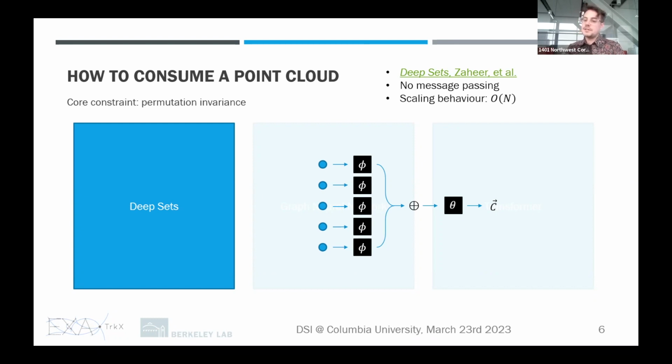And the idea here is that you take your set of points in the cloud, you pass them through multi-layer perceptrons or feed-forward networks, so black box models that can learn any function sensibly, and then we aggregate them in some way. So we sum them or take the mean or the max, pass that information through another MLP, and we get our classification or regression or whatever your task is. So you can see that changing the order of these points shouldn't change the output.